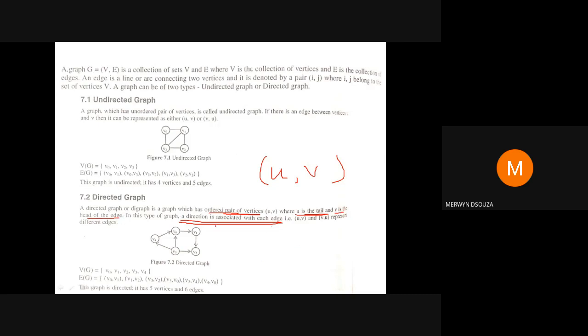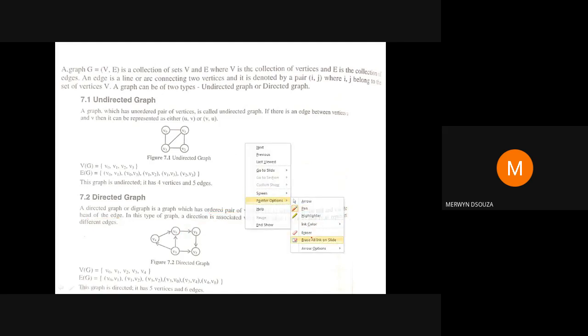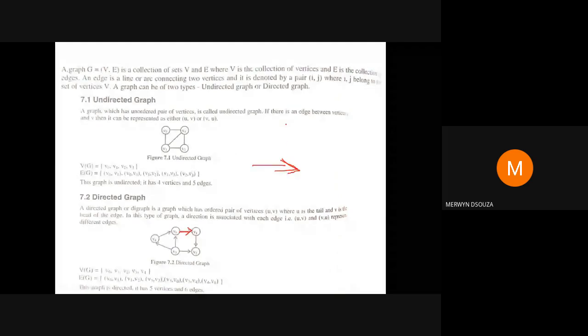For example, consider this edge going from V0 to V1. V0 will be the tail and V1 will be the head. How do you come to know? Looking at the arrow, wherever the arrow is touching is the head, and the end of the arrow is the tail.